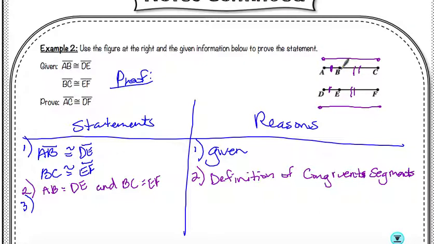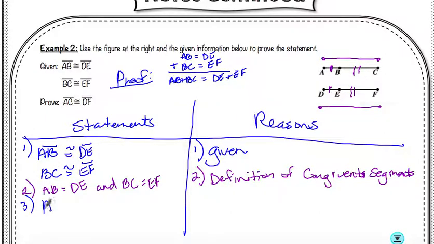I can see that AB and BC put together gives me AC. So what I'm going to do is I'm going to add these two purple equations together. And I'm going to write it up here so you can see it better. AB equals DE, BC equals EF. When you add them together, the left side is AB plus BC, and the right side is DE plus EF.